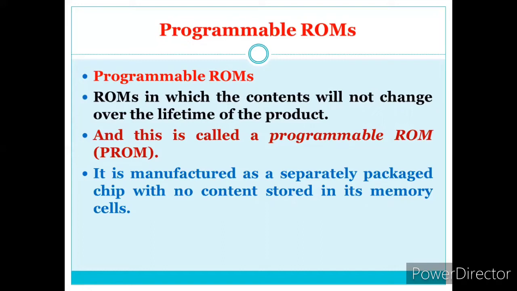It is manufactured as a separately packed chip with no content stored in its memory cells. Whatever chip is manufactured is not having any data. When the memory is empty, we can store data according to the requirement.